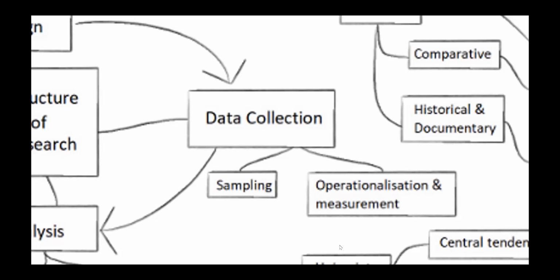One of them is about sampling. Simply, sampling is the idea that when we try to do analysis of the world, we can't survey absolutely everyone in Australia or absolutely everyone in our community.